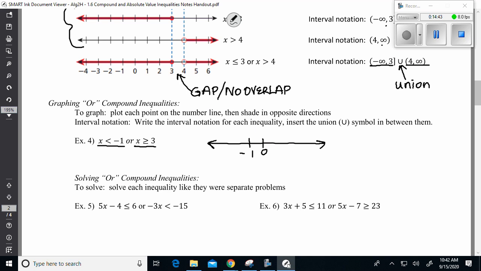So -1 will have an open circle, and since it's less than, shade to the left. X is greater than or equal to 3. You have your 3, closed circle, and you're shading to the right.